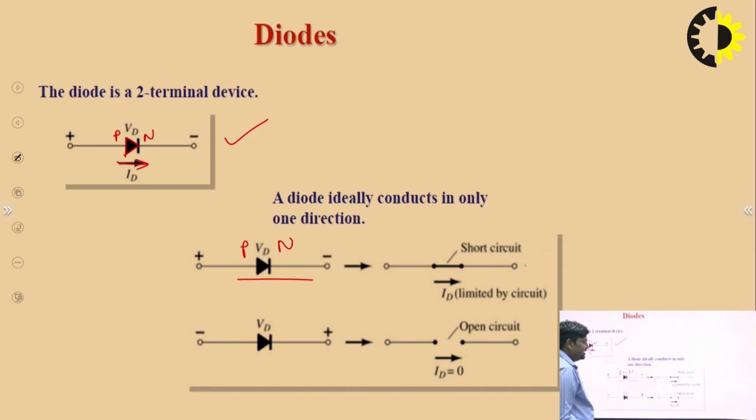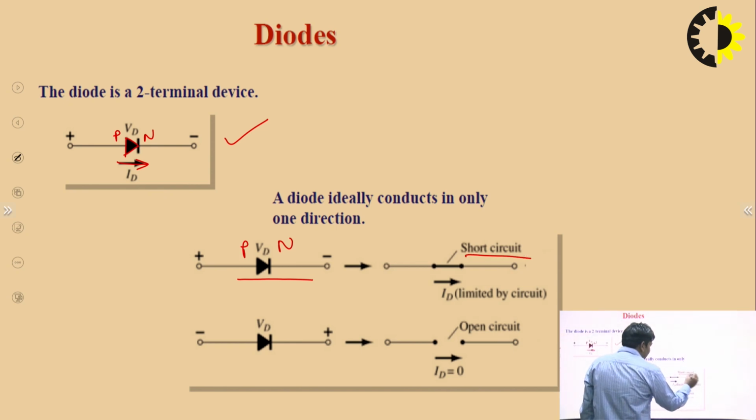If we take this diode as an ideal diode, it works as a short circuit, which means the resistance of the diode is 0 ohm.